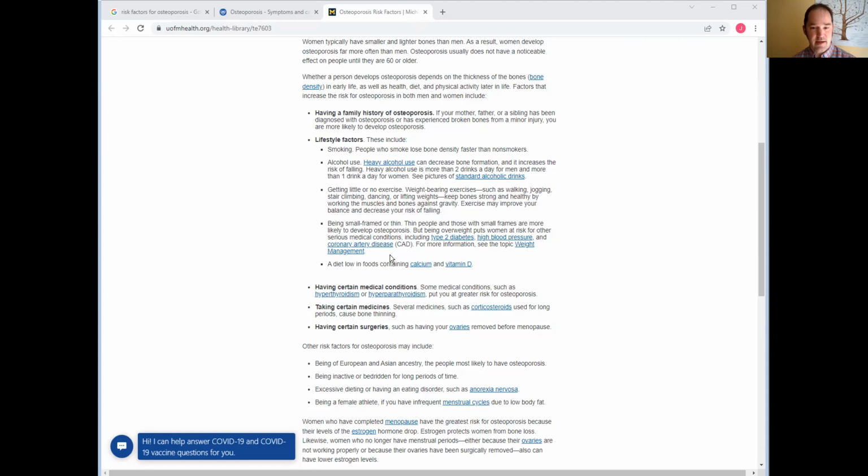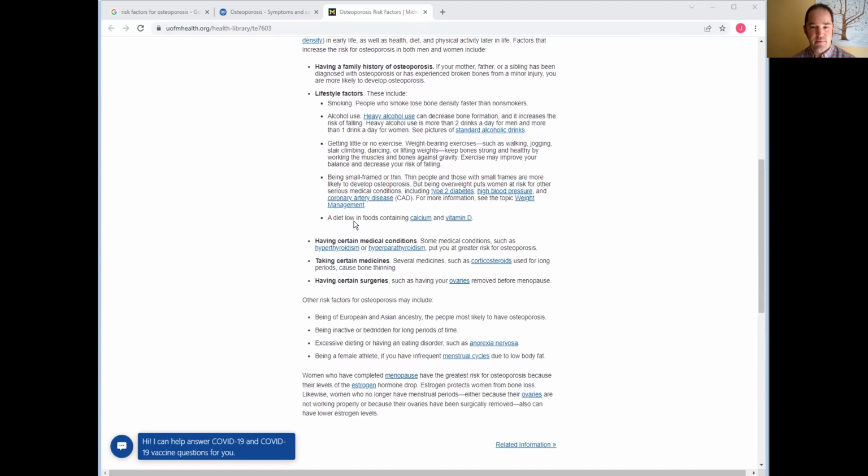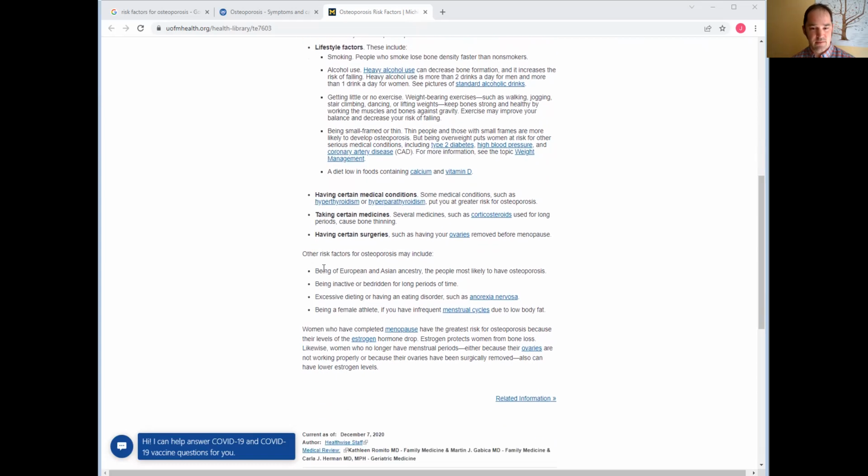You can change your diet. You can seek medical treatment for things like hyperthyroidism or hyperparathyroidism, but that's not something you can change on your own. And you can look for alternative medicines if they are causing osteoporosis. So you can't change your genetics, but you can change your activity levels and your diet.